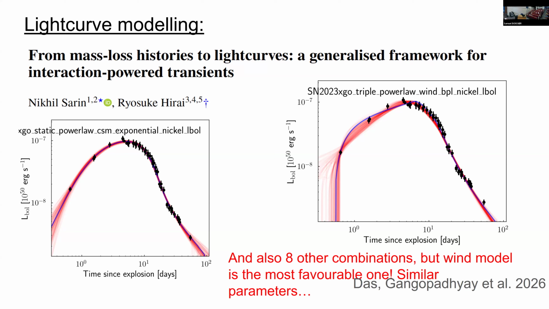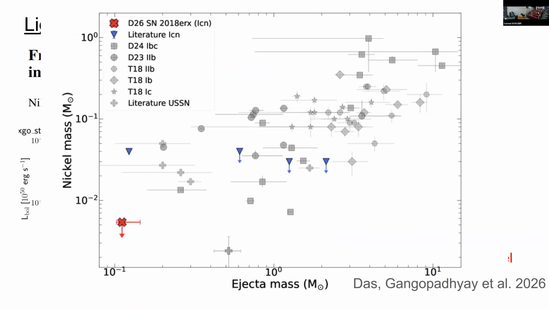We tried the same object with 8 combinations of different circumstellar medium models that are available, and we find that the wind model is the most favorable one, which is the same as the previous case, and we get almost similar parameters for this supernova as well.